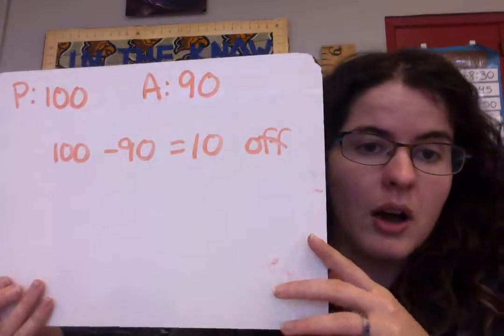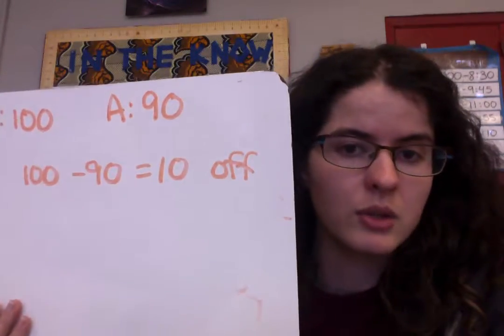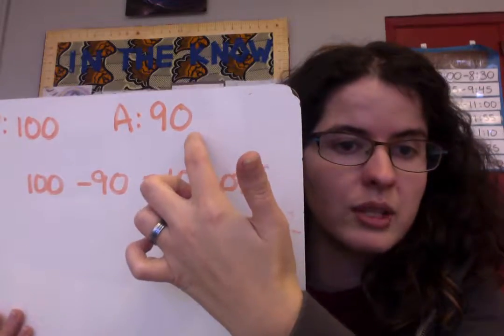And then I ask, what if only 90 students actually came? So now our prediction was 100 and our actual was 90. 100 minus 90 is only 10 students off. That looks like it's better because it's only 10 students off, but let's compare it to this smaller number of students who came.